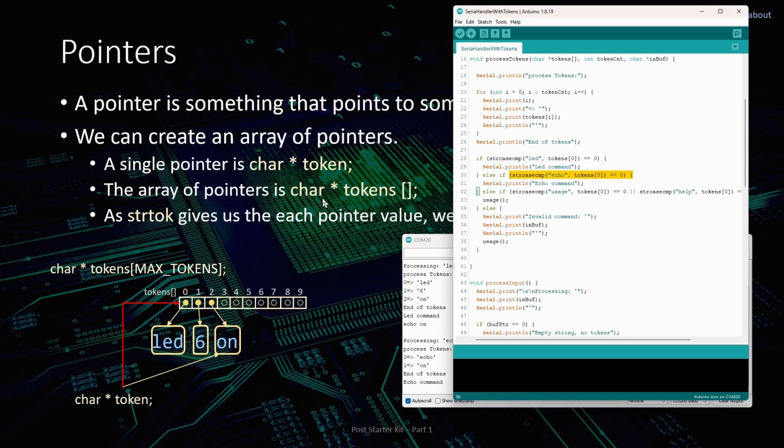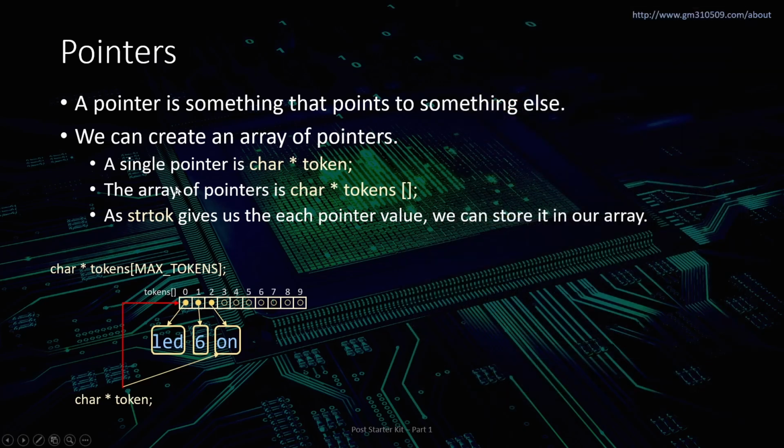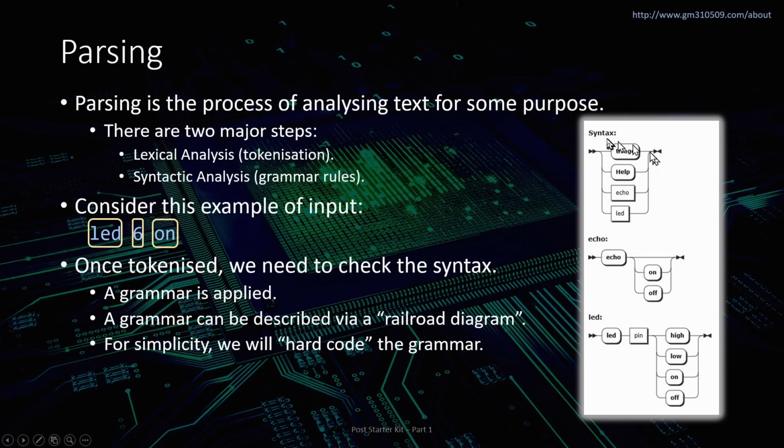Now to go back to doing the grammar, all we need to start doing is looking at the next sets of tokens in our array. So to get the pin, we would look at element number 1. To get the high, low, on or off, we'd look at element number 2. If it was the echo command, then we would look at element number 2 to get the on or the off.